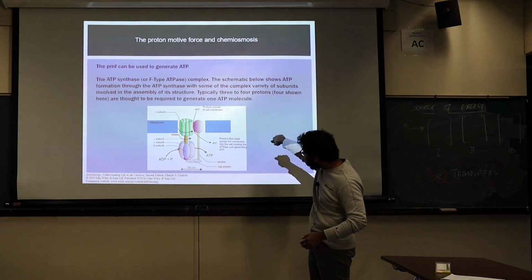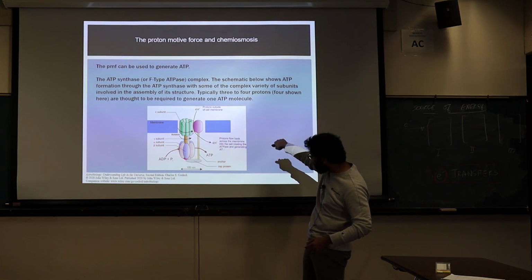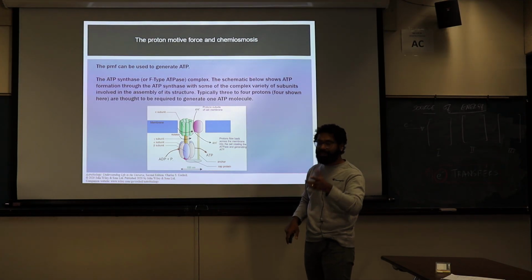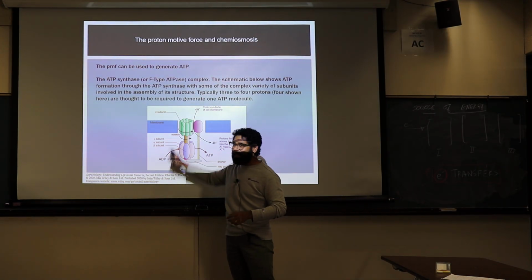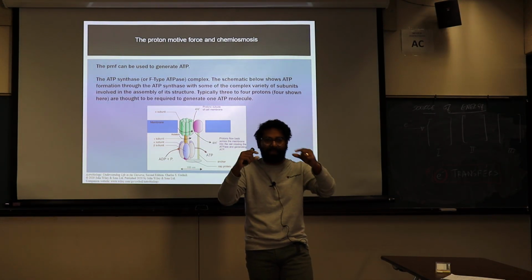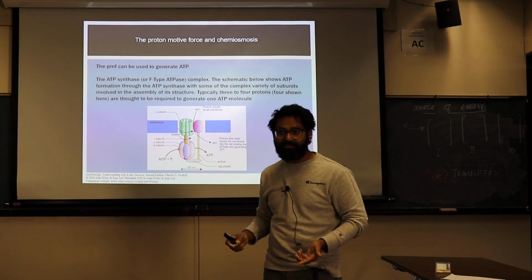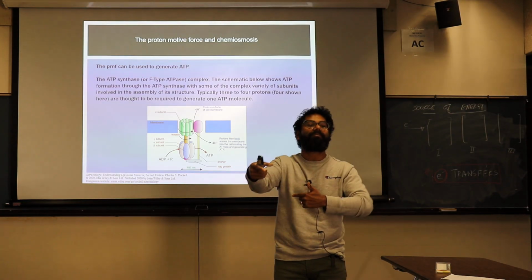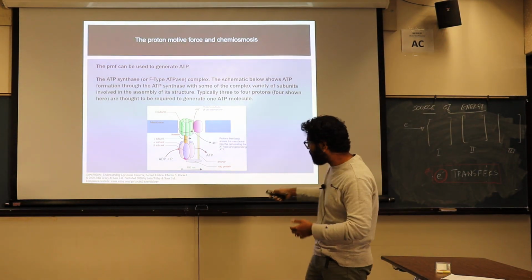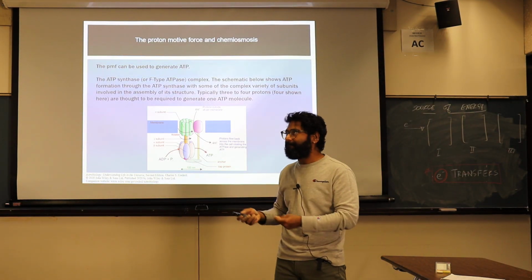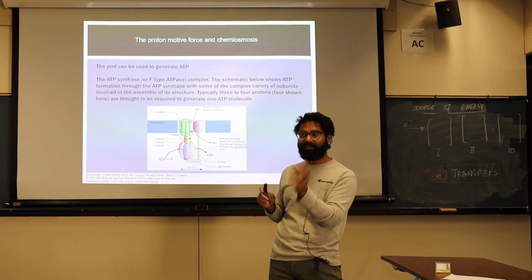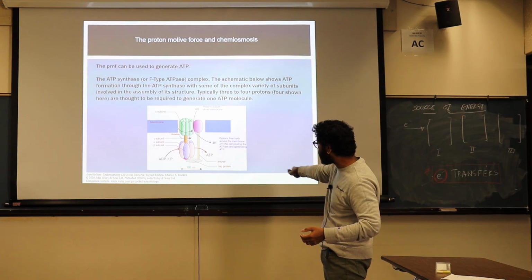There will be a huge rush in which all these protons will come to the inside. Because of that rush, this entire thing will get rotated. Just imagine a gear system, in which because of that flow, you're helping that movement of gears. So that is what is happening with these protons.